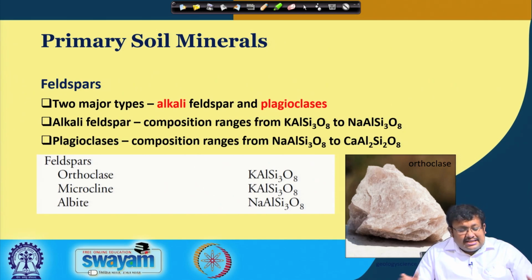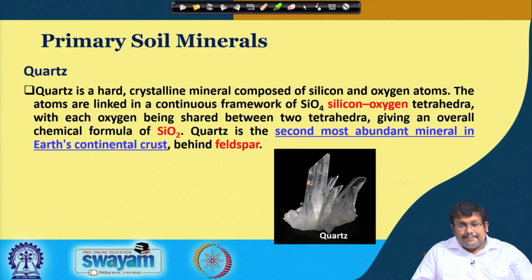Examples of potassium feldspar are orthoclase and microcline, whereas a sodium feldspar example is albite. So, remember again, the feldspar is the most common and most widely abundant mineral in the earth crust.